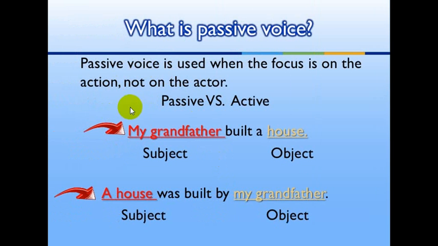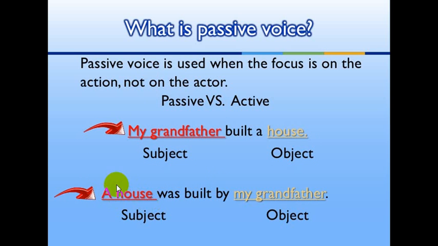Let us go through another example. My grandfather built a house. This is an active sentence. My grandfather, the subject. A house, the object. Now I want to make it passive. What should I do? I should start with the object, put it here at the beginning of the sentence, followed by verb to be in the past, was or were.